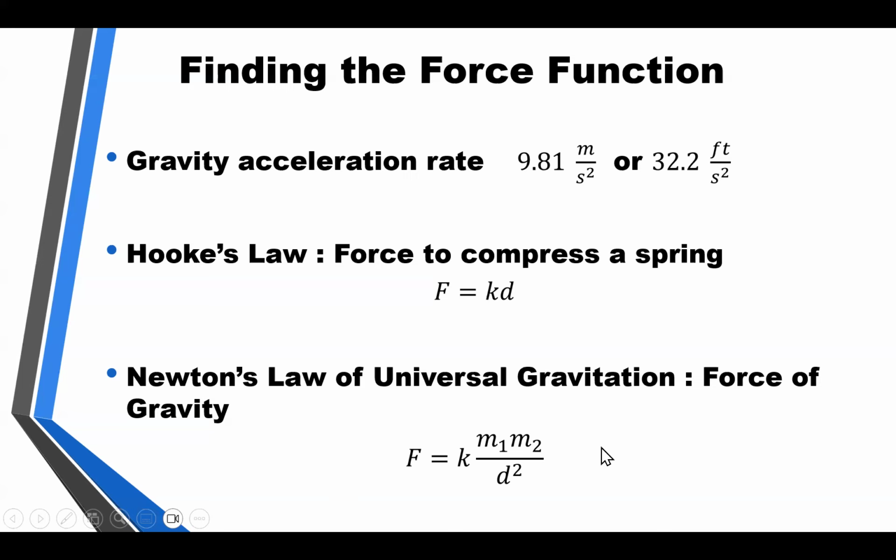So the force of gravity between the Earth and the moon can be calculated using this. And if the moon all of a sudden got smaller, that would be changing the mass, so the gravitational force would change. If the moon suddenly got further away, then this distance would change. So that's Newton's law of universal gravitation.